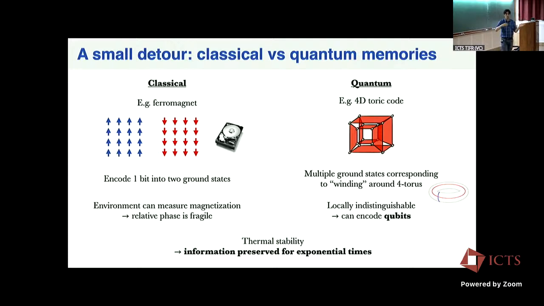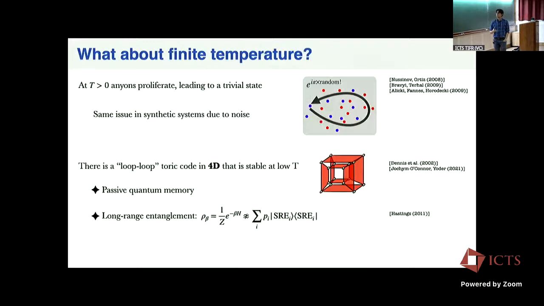Okay, so there's some coherent version of a memory where the relative phase between the different ground states is also preserved. So in the 4D toric code, both of these things are achieved. You have this passive quantum memory and you have long-range entanglement. But it requires going to 4D, so the question is, what can you achieve if you are only in 3 dimensions? And this is what the rest of the talk will be about.